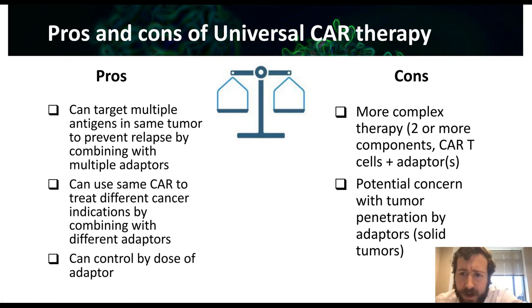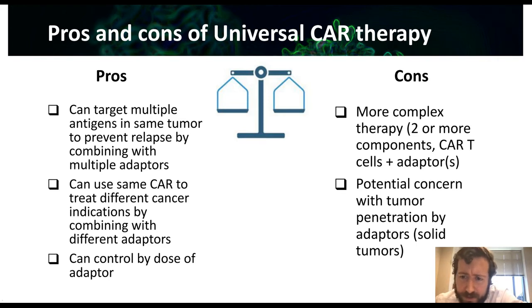And so for the cons, it is a more complex therapy. Of course, the therapy now consists of both a cell component and some other adapter component. So that could be more complicated for regulatory reasons. But in general, as we're using already approved antibodies, I think that's less of a concern.